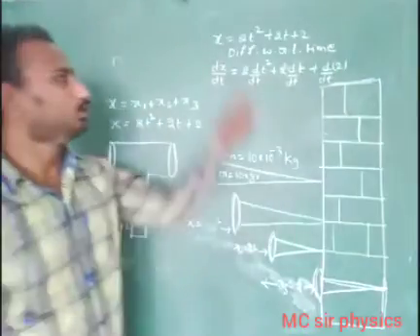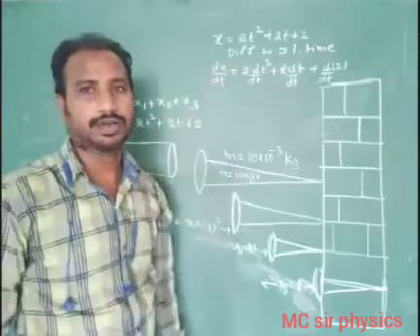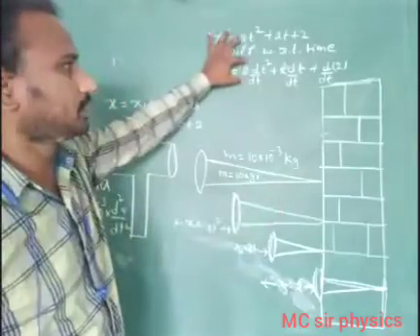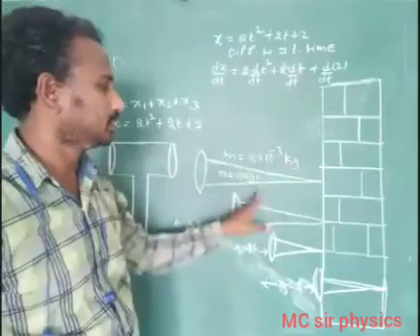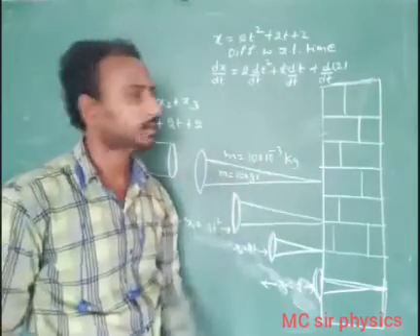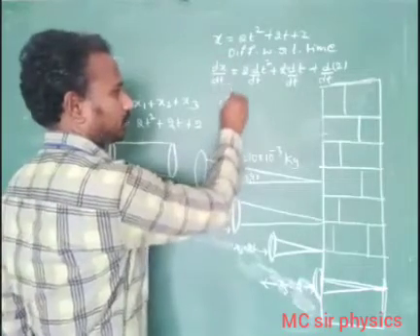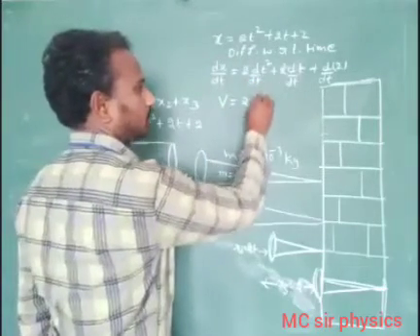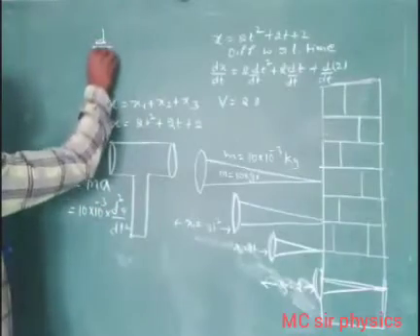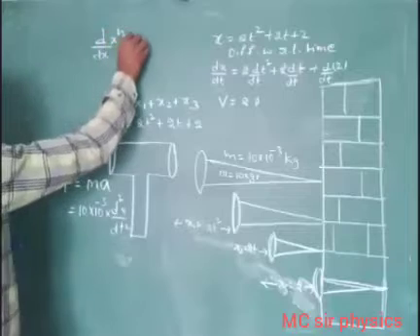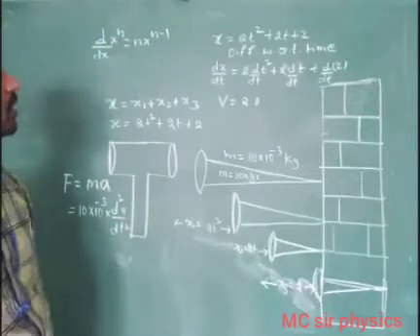Here 2 represents a constant quantity. Differentiation is only applicable to a variable quantity. In this condition, time is the variable quantity, so we apply differentiation. dx by dt represents velocity. Velocity v equals d by dt of t square. The formula for d by dx of x power n is n into x power n minus 1.